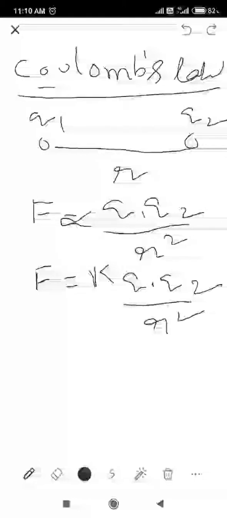That means for like charges there will be repulsive force, and if any one of the charges is negative, that means for opposite or unlike charges, force is attractive.